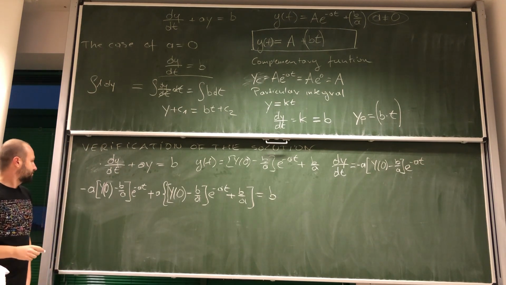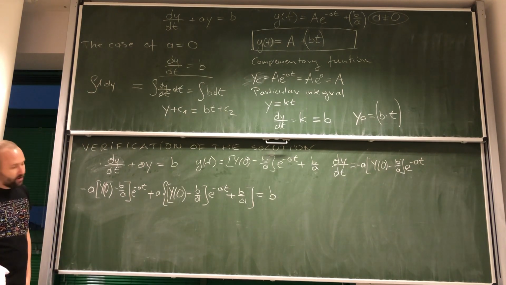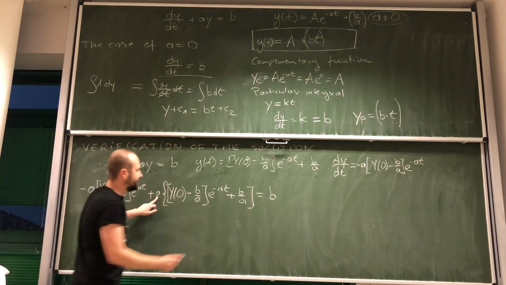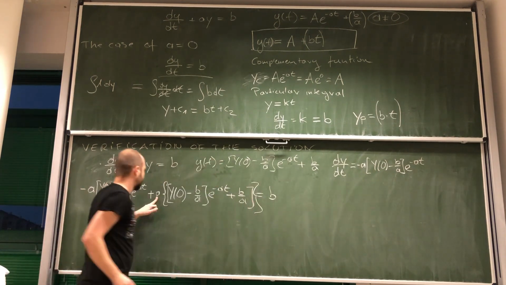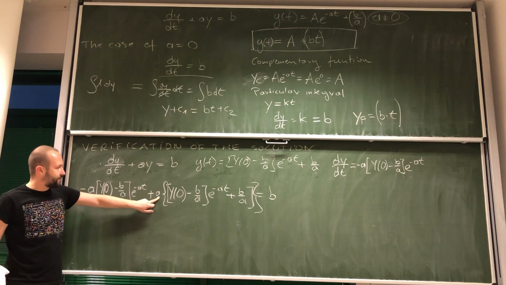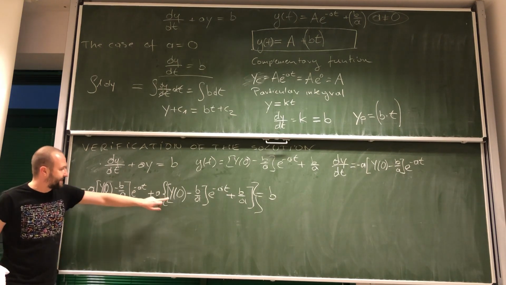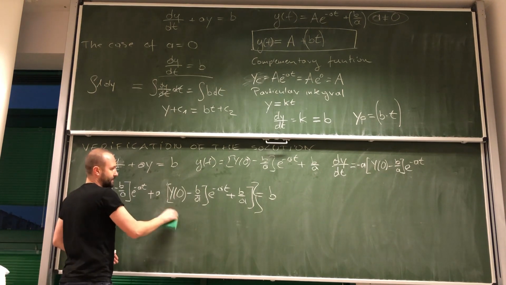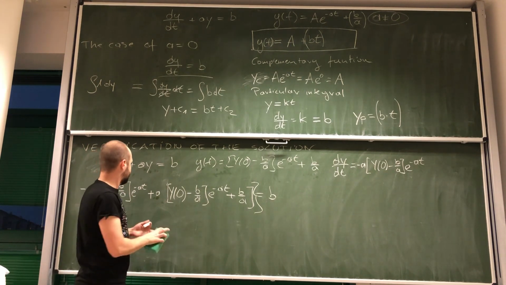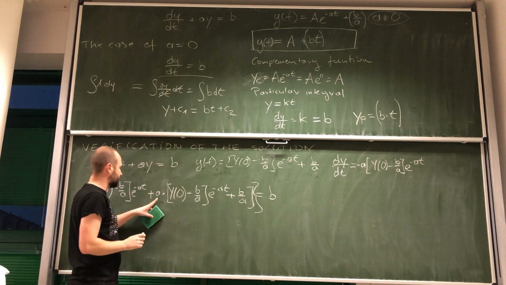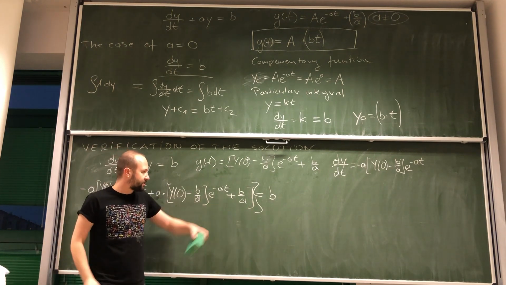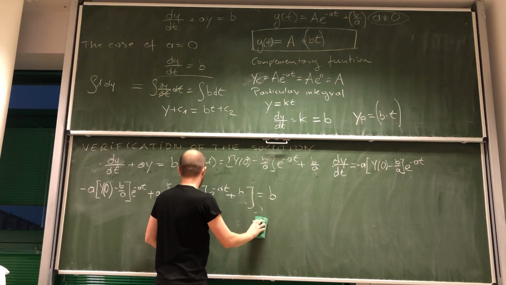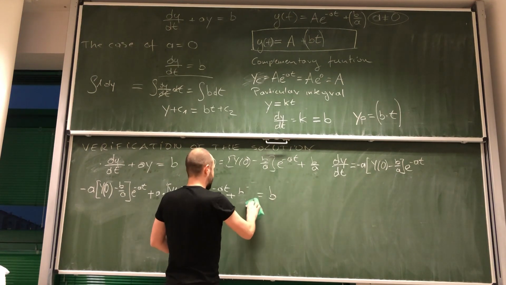Okay, so what do we need to do? First thing is that I would like to get rid of these brackets. So I need to multiply everything by a. If I multiply this by a, I'm going to get this. And if I multiply the particular integral by a, I'm just going to have b.